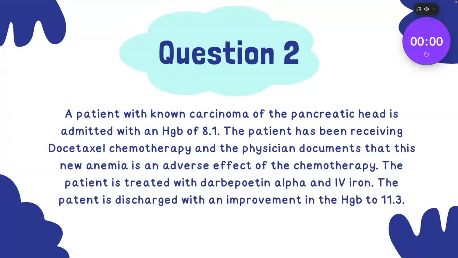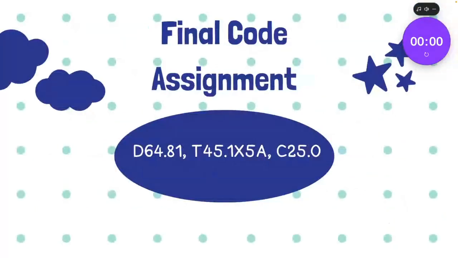All right. So here are the answer codes. The first code, D64.81, is anemia associated with the chemo.